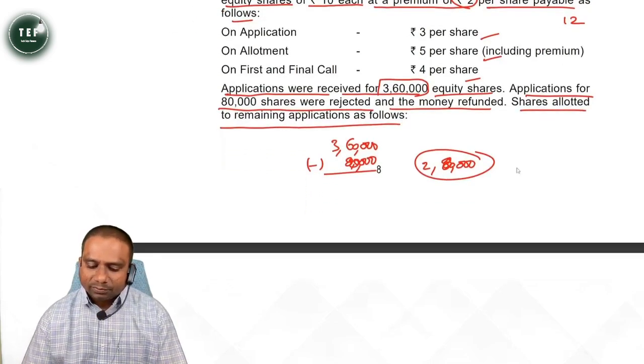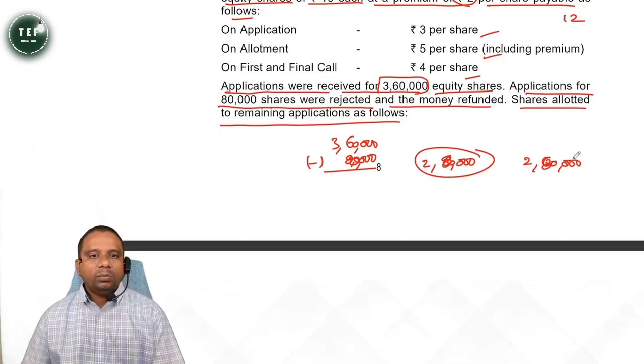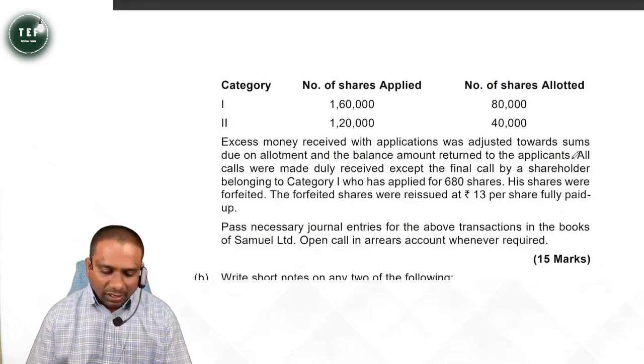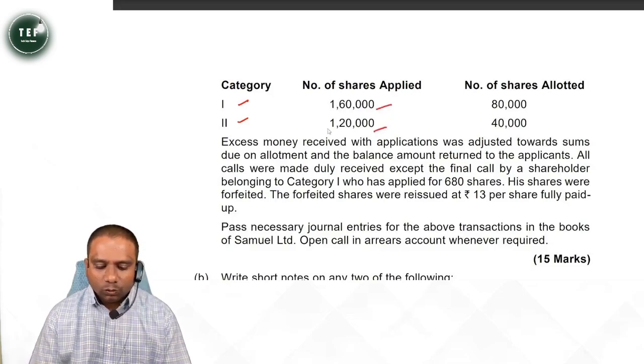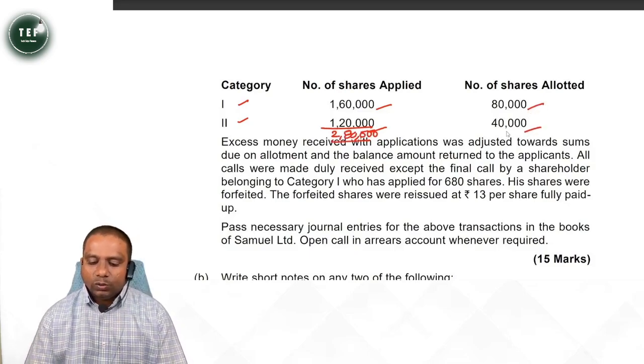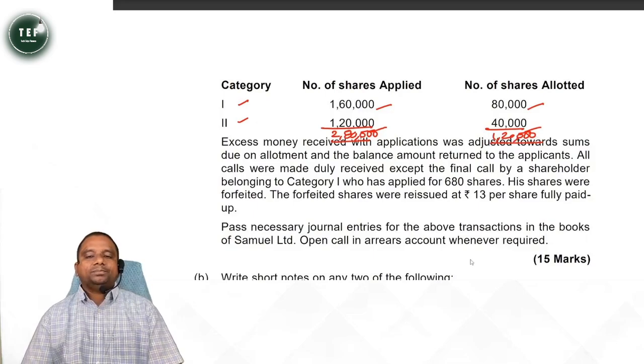Look at this. Now we have a total of 2,80,000 applications. Category 1 and 2: the number of shares applied is 1,60,000 and 1,20,000, total 2,80,000. To them, we allotted only 80,000 and 40,000. Check, the total does not exceed 1,20,000. Fine.